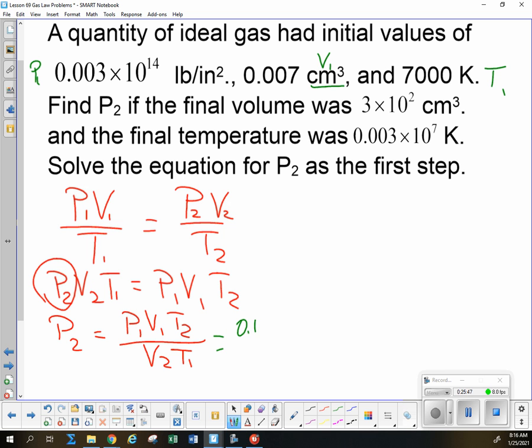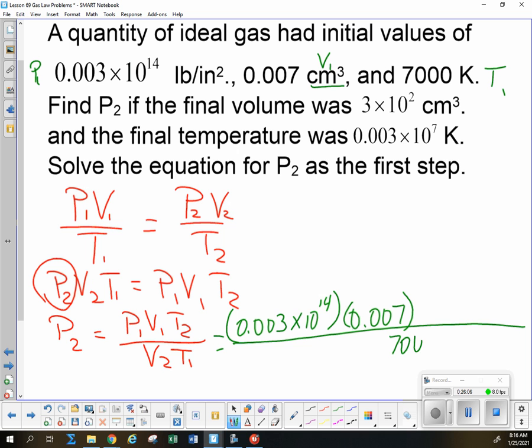P1 is 0.003 times 10 to the 14th. V1 is 0.007. Don't need times 10 to anything on that one. And T1 is 7,000 K. I'll need the K to put in the calculator.